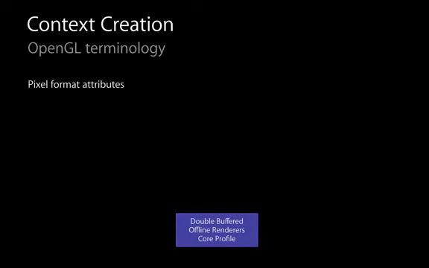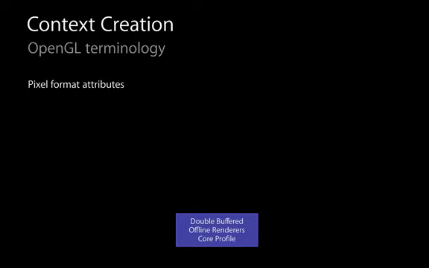When you start to set up an OpenGL context in an OpenGL application, you have to figure out how to select between all these different renderers and render IDs in the system. In OpenGL, you do that by putting together a list of attributes. These are called pixel format attributes, and these are things like, does the renderer you're looking for support double buffering?